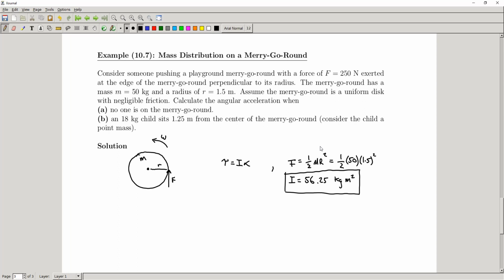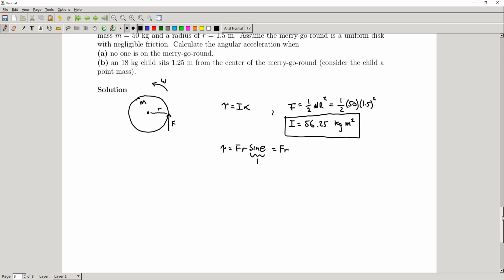Also, we want to think about what tau is. We have I, and we can also get tau. From our work in the last module, we remember tau is equal to this value here, but as we're told that the force is being applied at 90 degrees to our radius, the sine of 90 degrees is just going to go to a 1, and this is going to be F r. We're told that F is 250 newtons, and r is 1.5 meters.